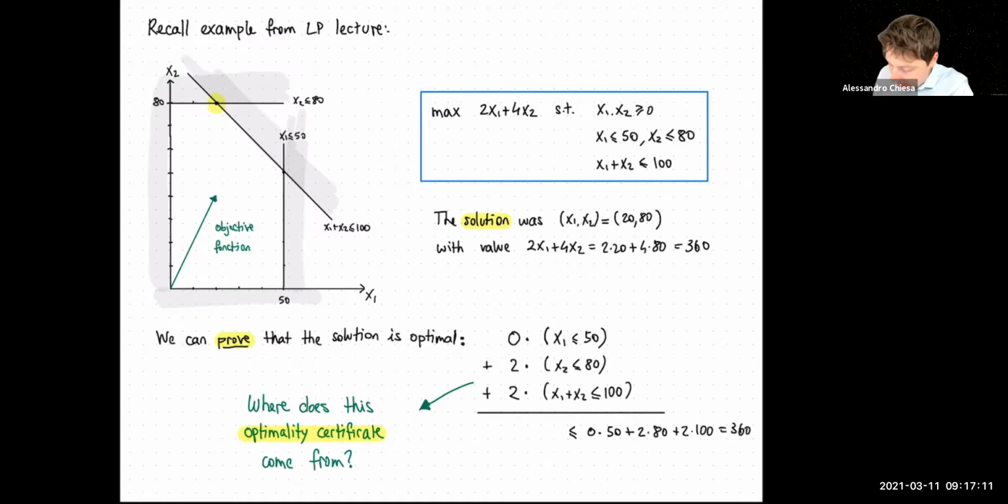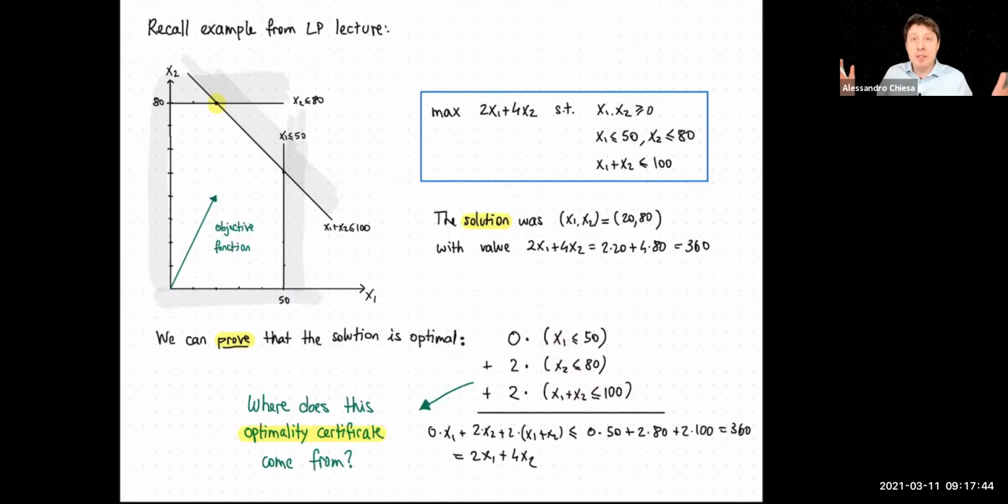And on the left-hand side, I'm going to get 0 times x1 plus 2 times x2 plus, I don't have space, let me move this, plus 2 times x1 plus x2, which also coincidentally equals the objective function, right?